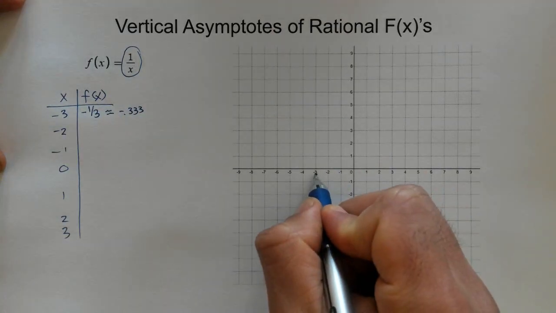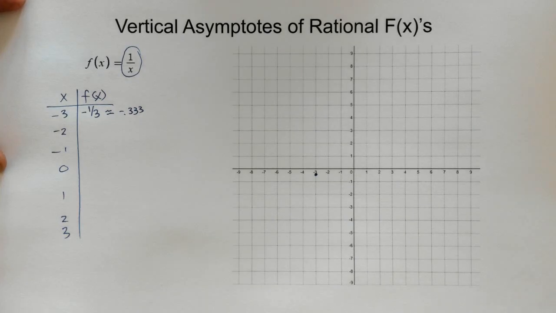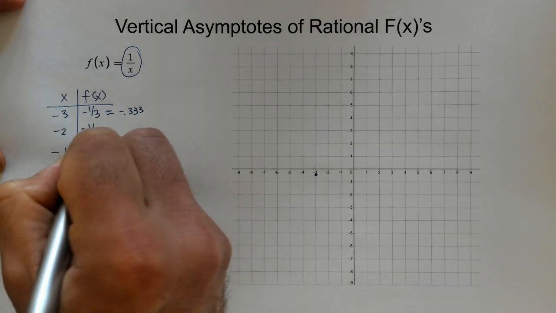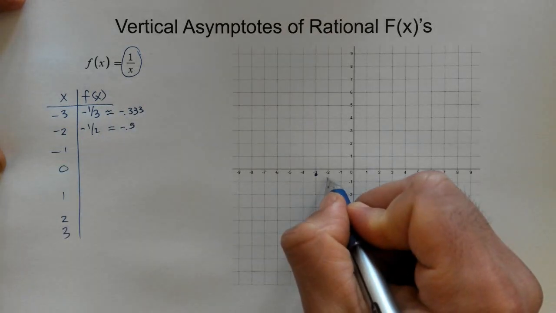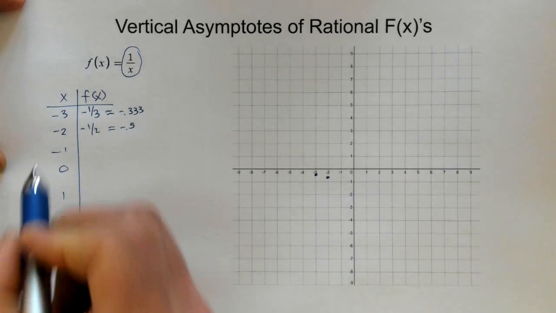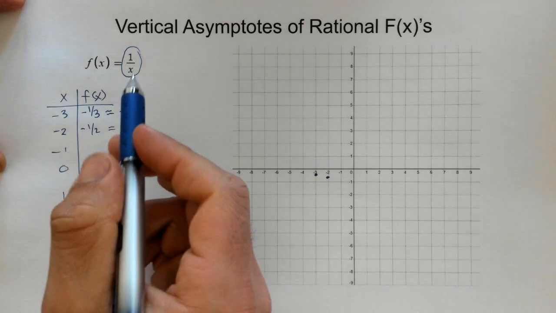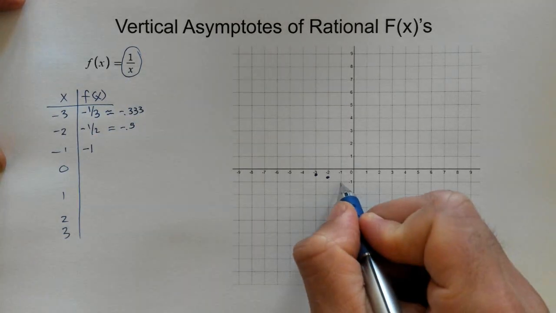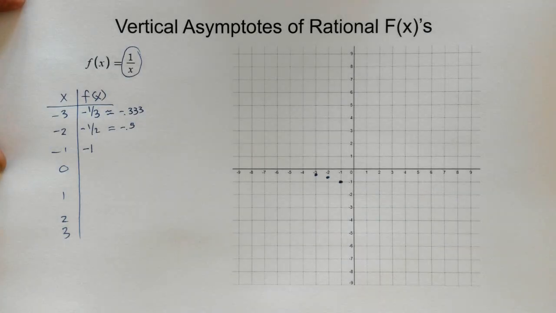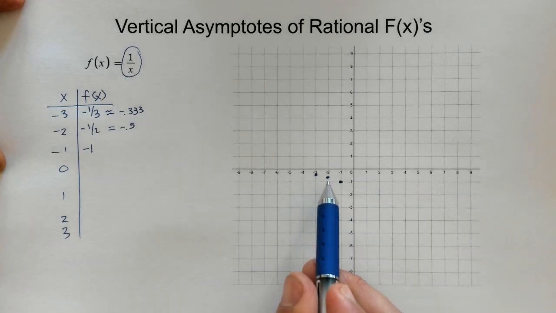So it's about down here. If I go to -2, I get -1/2, which is -0.5. If I go to -1, 1 divided by -1 is -1. Notice how the points are slowly going downward.